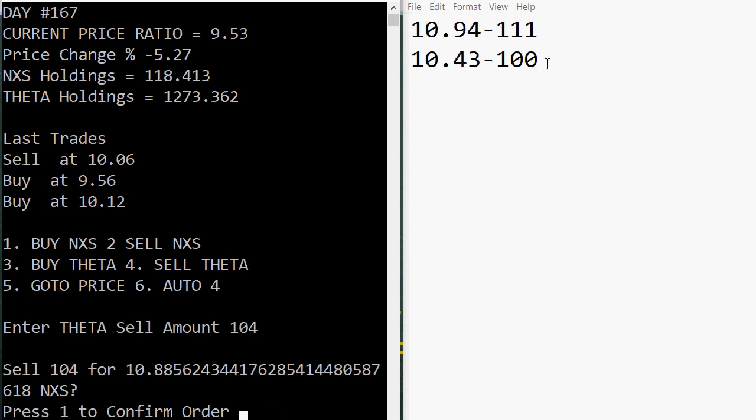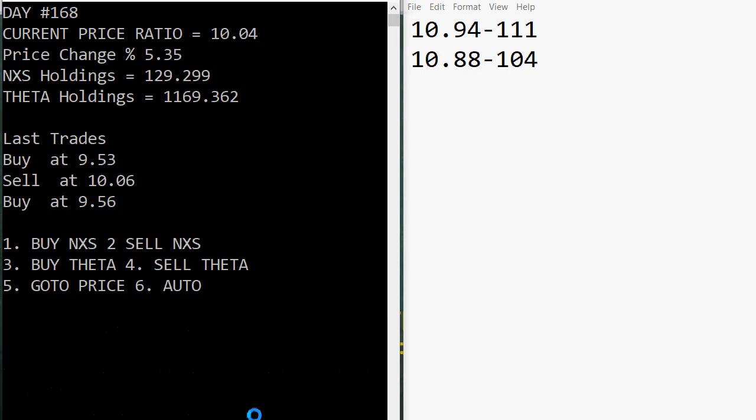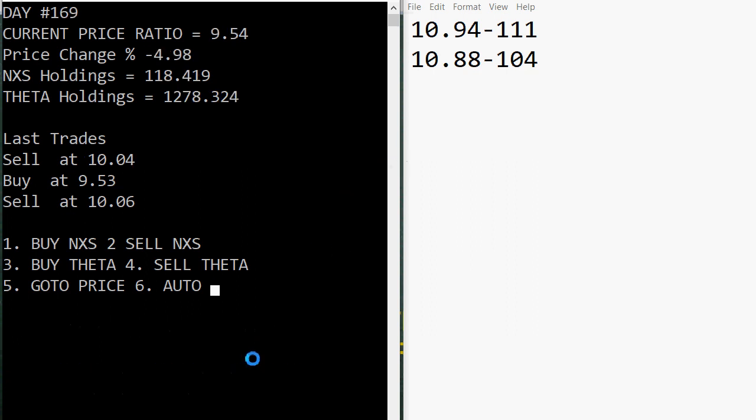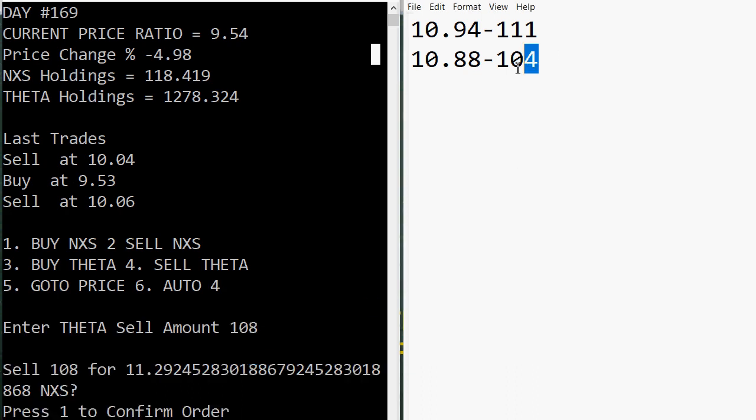So I'm going to just change this number up in here and just keep on playing this back and forth until the chain ends. So if this goes up, I'm going to sell 10.88, which is what's going to happen. And now it's 108. So if it goes down, which it does, that's what I'm going to do, 108. And then just see how high I can get this number.